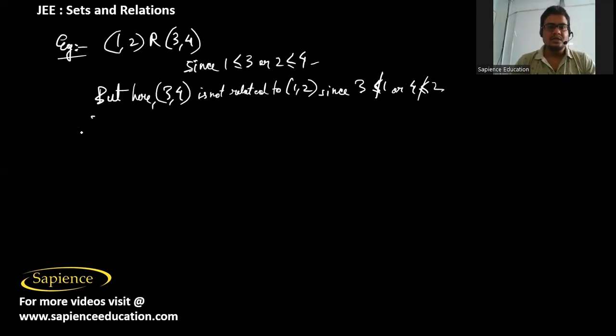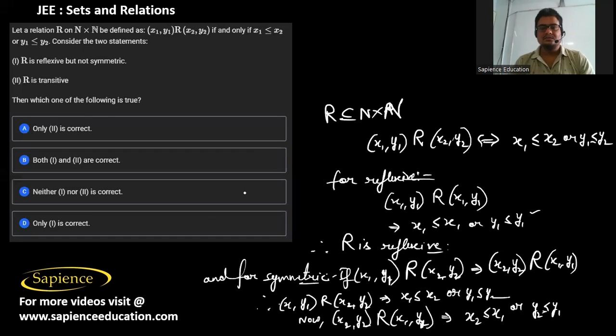So R is not a symmetric relation. So R is reflexive but not symmetric. So the first statement is obviously true.